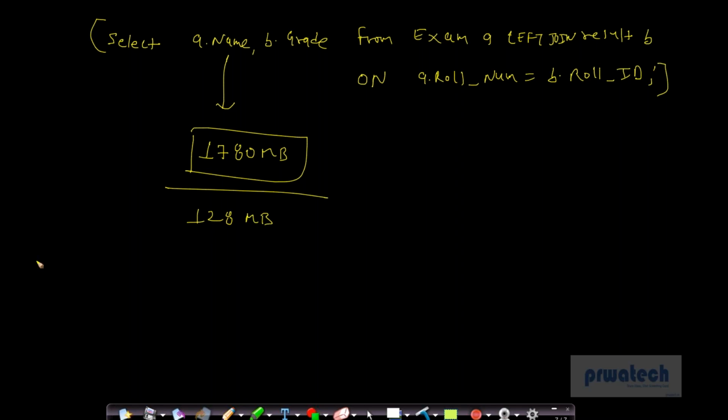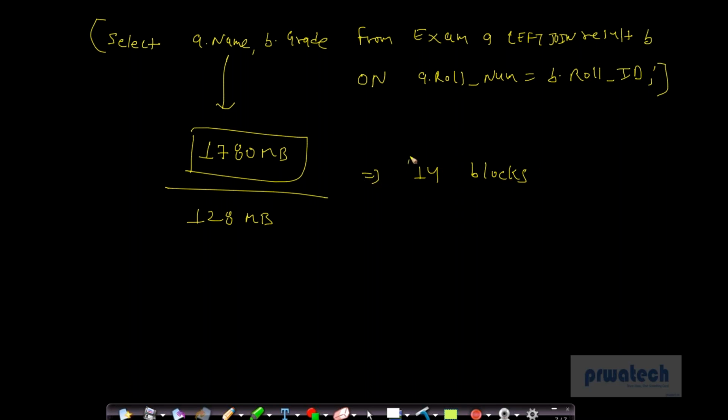We can use a quick calculator here. 1780 divided by 128 gives me 13.9, so I know there are a total of 14 blocks. 13 blocks are fully occupied, and the last block has some amount of data.